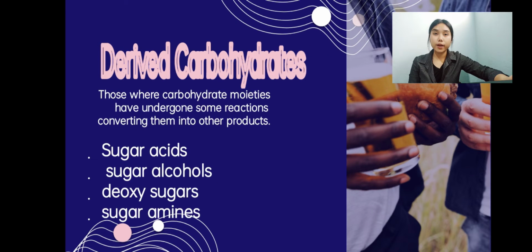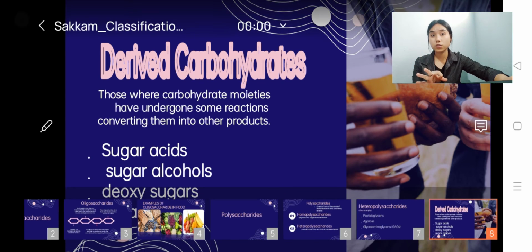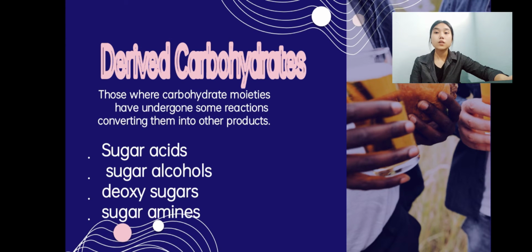Derived carbohydrates are those whose carbohydrate moieties have undergone some reactions converting them into products such as sugar acids, sugar alcohols, deoxysugars, and sugar amines. So these 4 compounds are an important source of food and energy for animals.